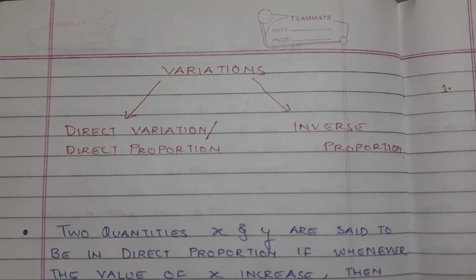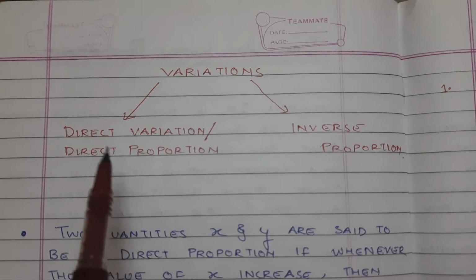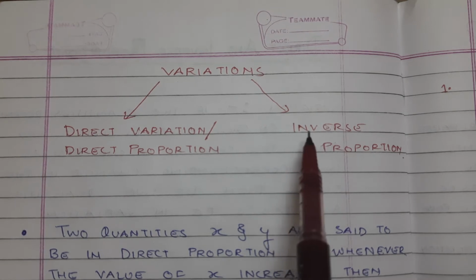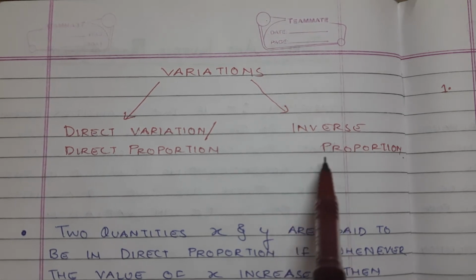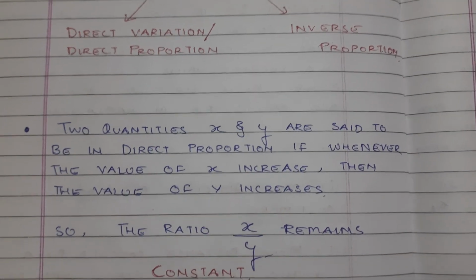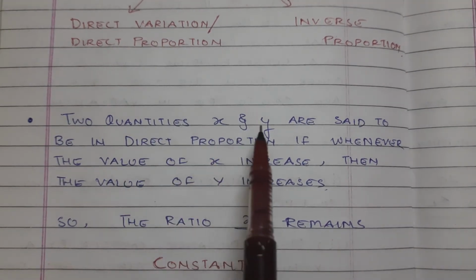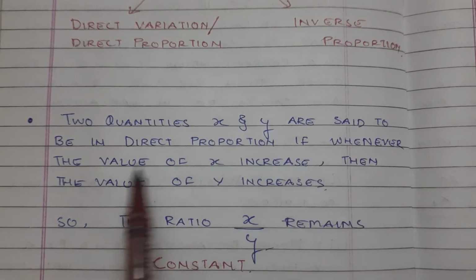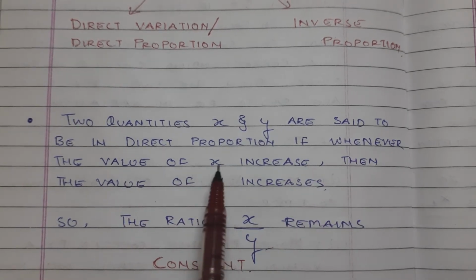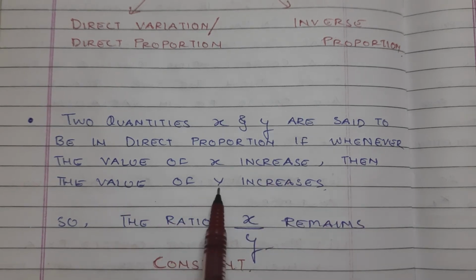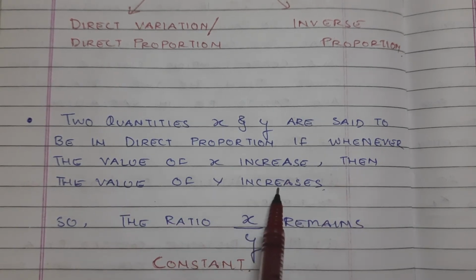So children, variations are of two types. As you can see, direct variation, that is also called direct proportion, or indirect or inverse proportion. So what is direct variation? Two quantities x and y are said to be in direct proportion if whenever the value of x, that is one of the quantity, increases, then the value of other, that is y, also increases.